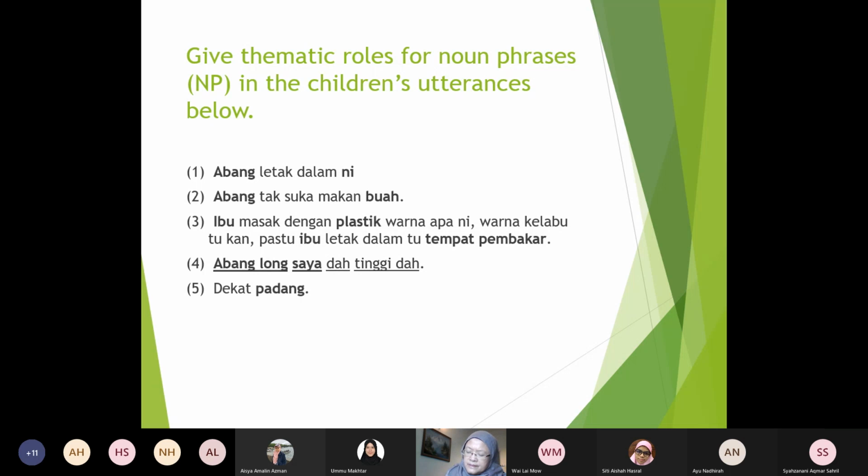In semantics, we call buah what? In syntax, we say buah is an object. In semantics, the thematic role?